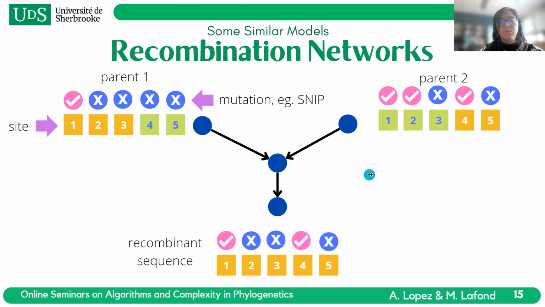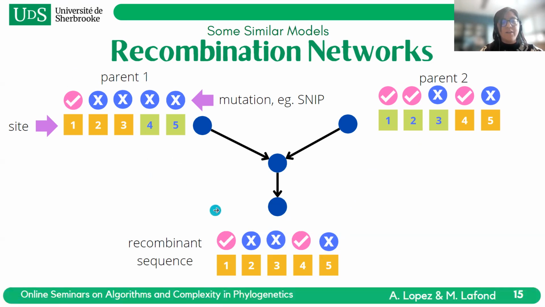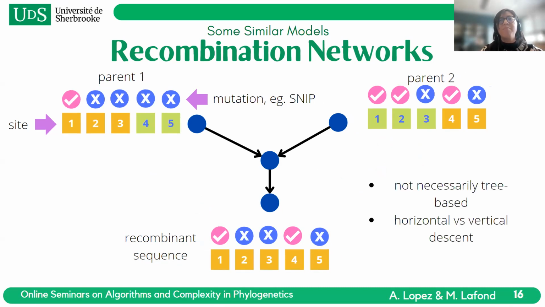From two parent sequences, each donating a part, we create a new recombinant sequence. An important difference between this model and ours is that these recombination networks are not necessarily tree-based. Also, it is really difficult to distinguish between horizontal and vertical descent here.